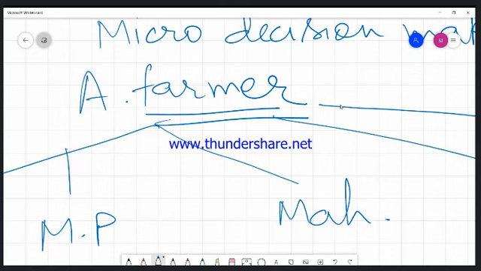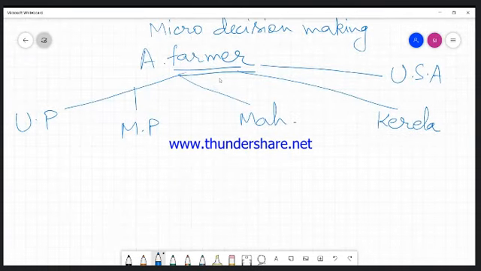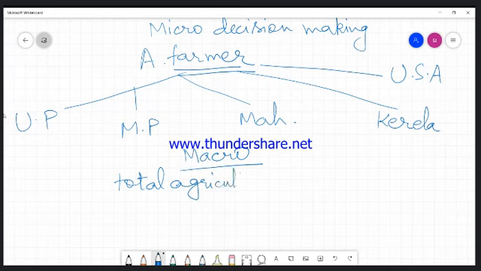But now I am talking about total agricultural output.